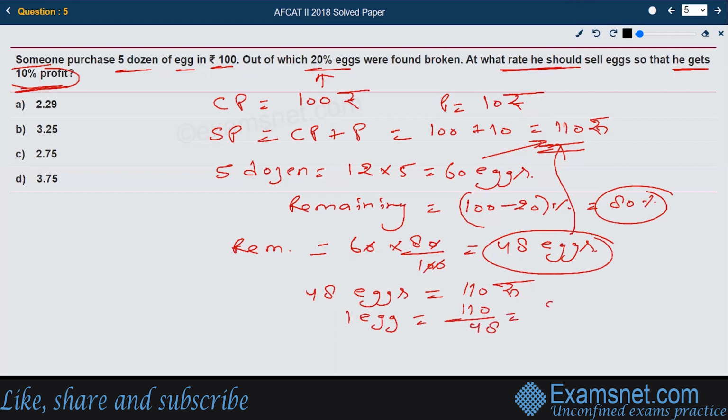If we further solve this it is going to be 55 by 24, which comes out to be 2.29 and something. We can take it to 2 digits only, 2.29 rupees. So the rate at which one egg should be sold is 2.29 rupees. So the answer is option number A, 2.29.